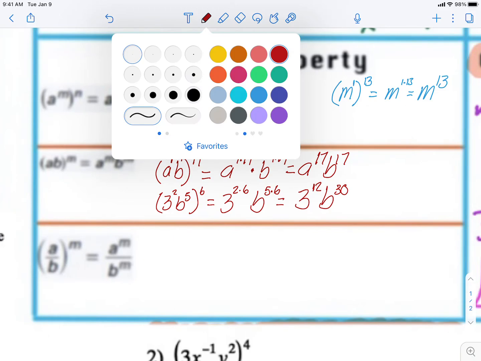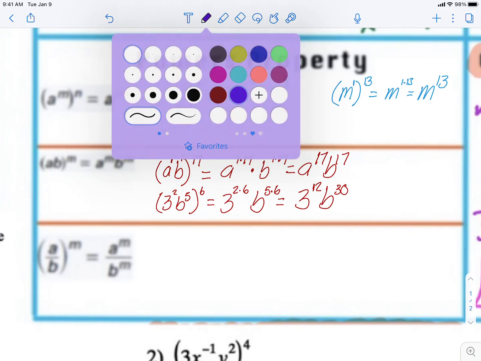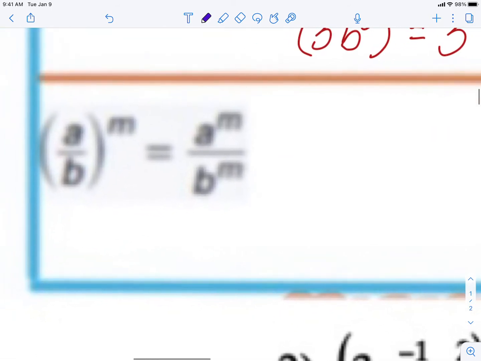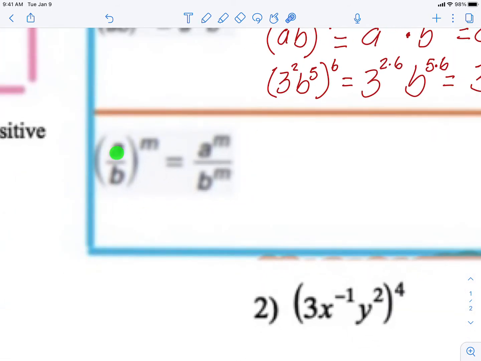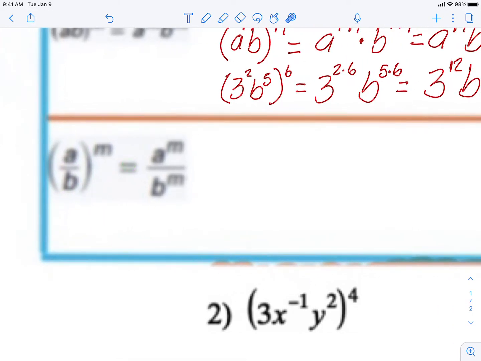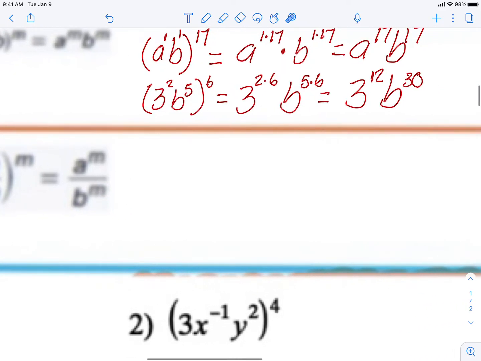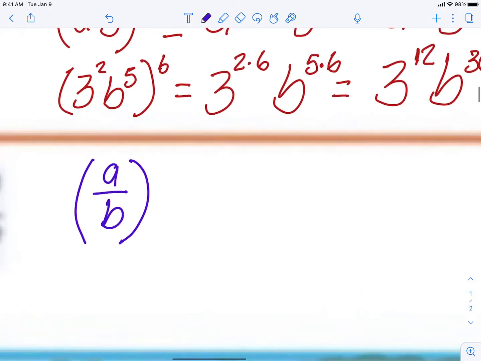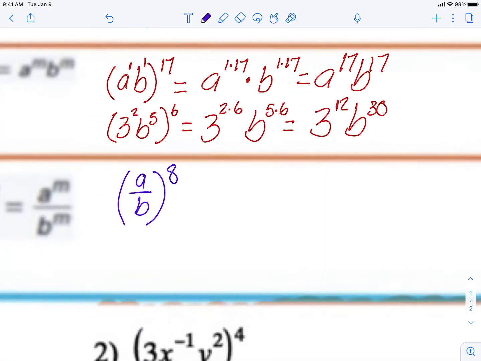Finally, let's do this last one here. This is a division. A divided by b, to the power of m, is equal to a to the power of m over b to the power of m. So again, let us use a and b, but instead of m, let's use the number 8.